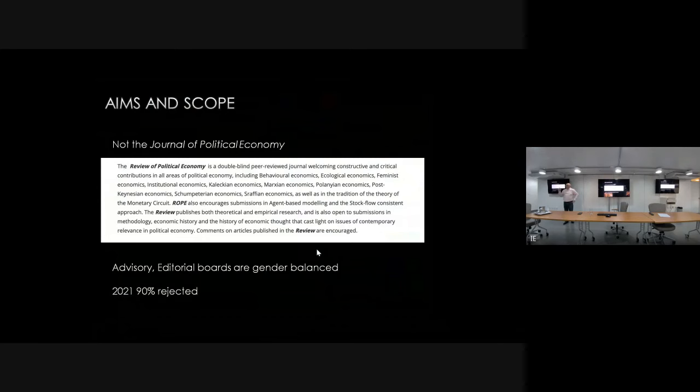Now we have the time it takes between when you send your paper in and when it is either desk rejected or assigned to one of the associate editors or myself for review. It's 1 day at Rope. In some journals, it's like 2 weeks.